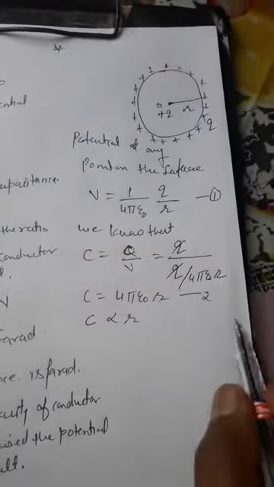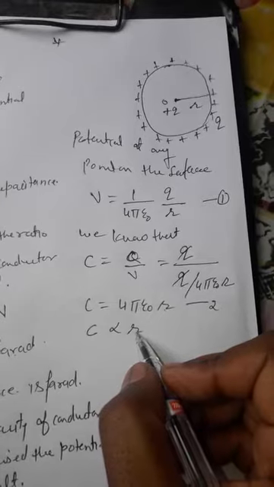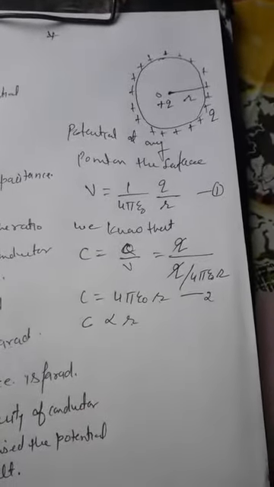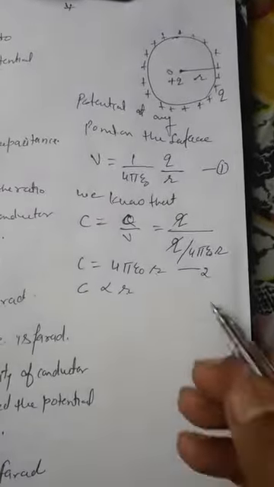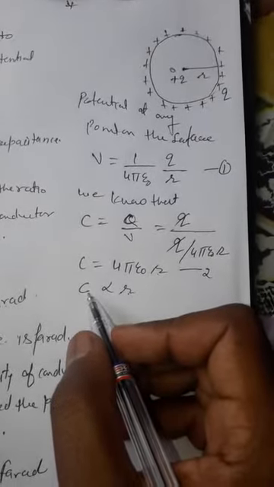Okay. So greater the radius of the spherical conductor, larger will be its charge storing ability or capacitance, and smaller the radius, smaller will be the capacitance.